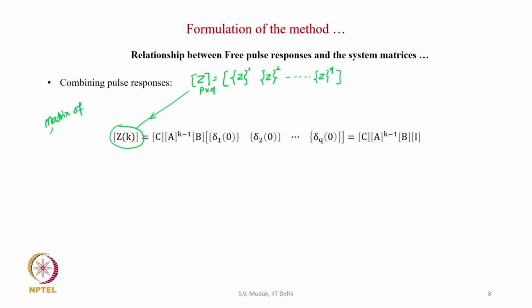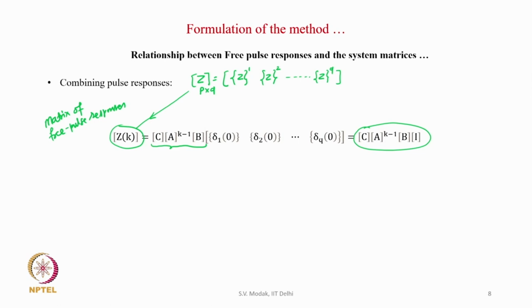You can see the coefficient matrix C A^(k-1) B is common to all those columns, all those free pulse responses, and that is why it has been taken common. This finally reduces to this expression where I is the unity matrix. So effectively we get that Z_k is equal to C A^(k-1) times B. That is the expression we get for the matrix of the free pulse responses.